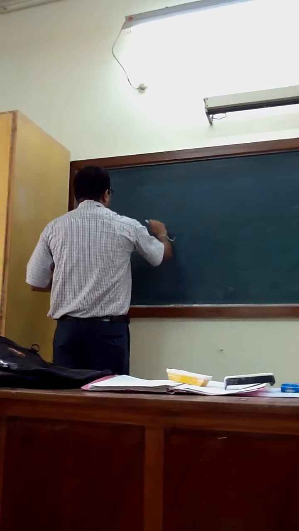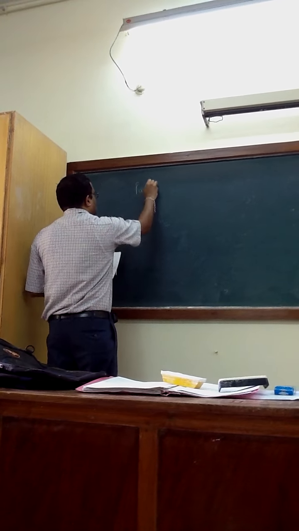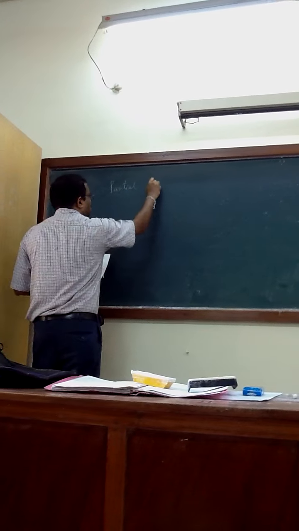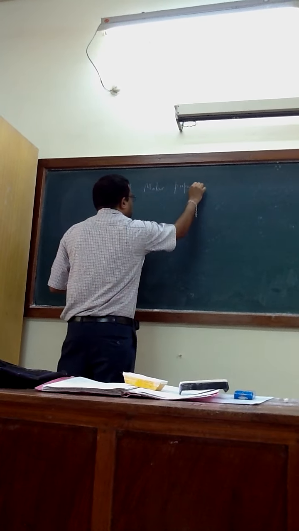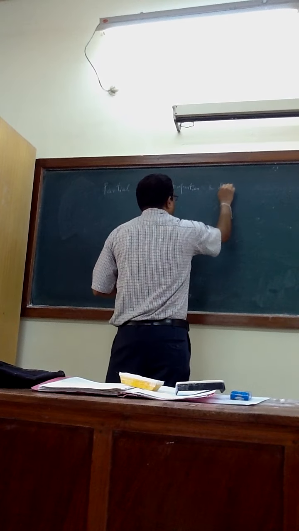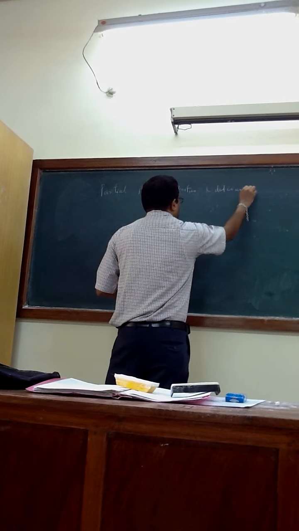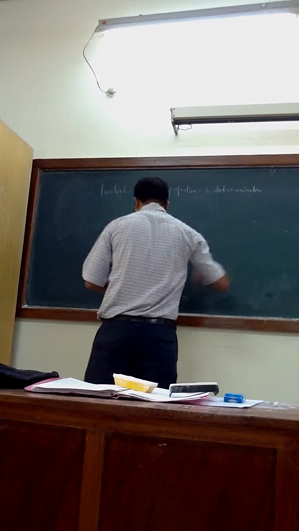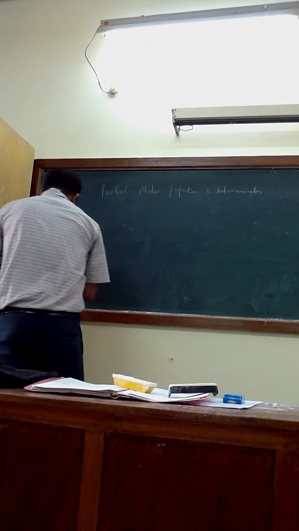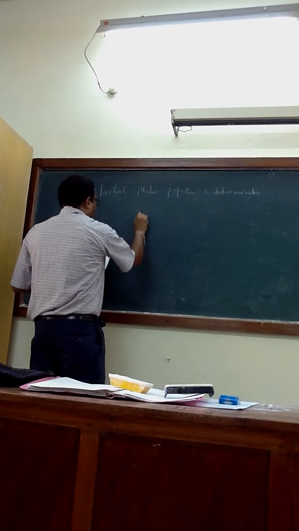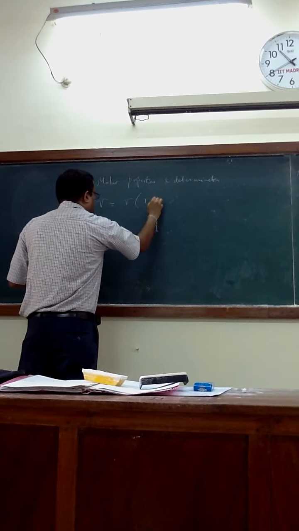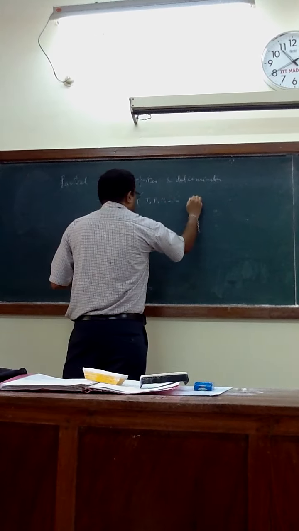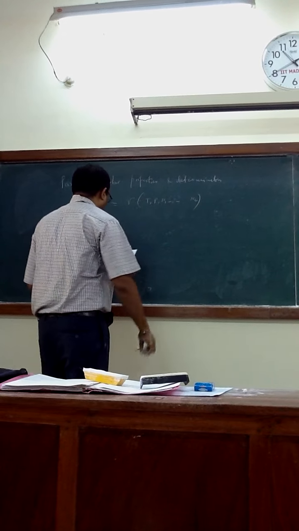So we talk about partial molar properties and determination. How to determine? Okay. So capital V, we saw that V is a function of T, P, N1 to Nc.